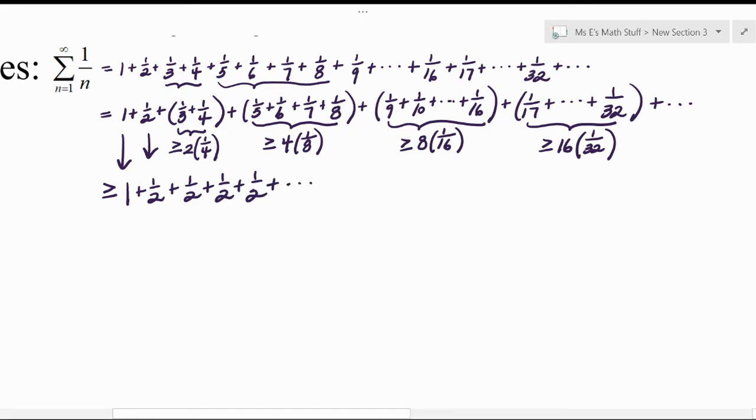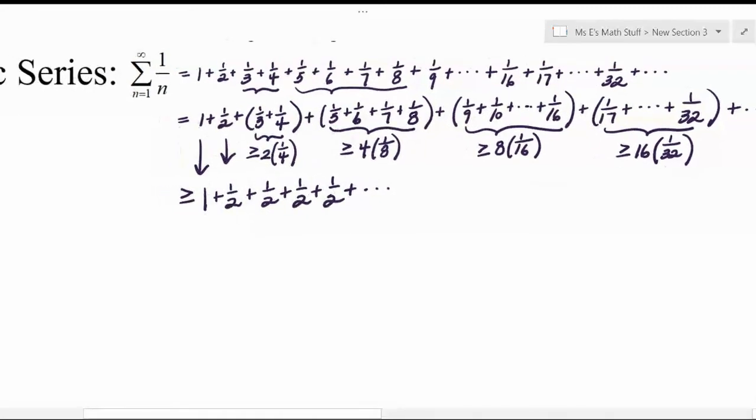I could always go far enough out to get something that adds up to be bigger than 1/2. So this would approach infinity, and it actually approaches infinity anyway, even though the terms did go to 0, okay?